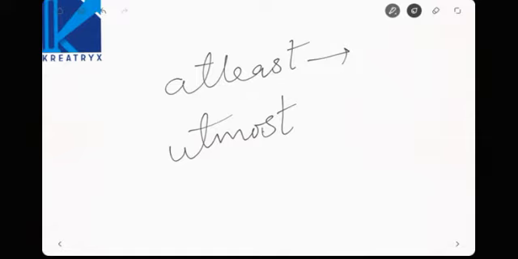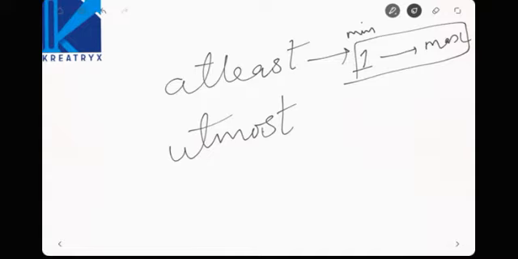If the question is to find out the persons who are taking at least one drink, the persons have to take a minimum of one drink, and it can go up to the maximum level. Minimum has to be one, and you have to answer up to the maximum level.